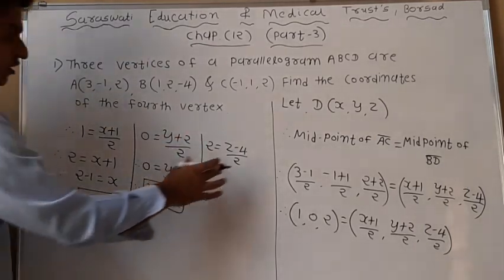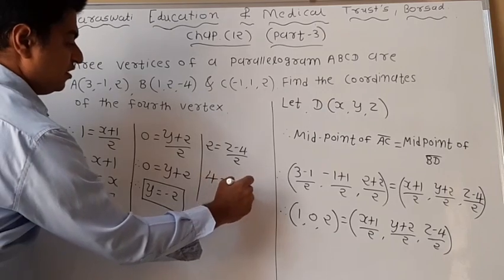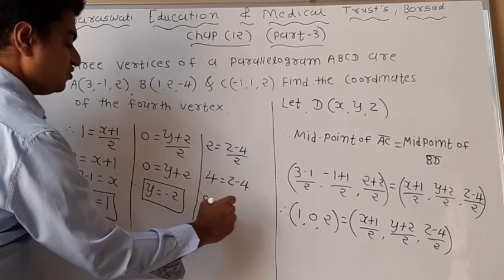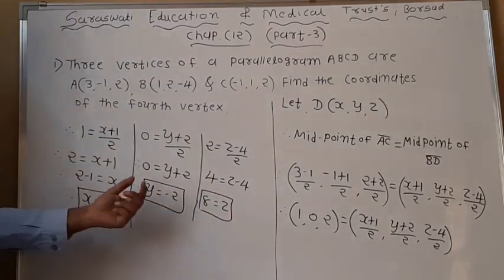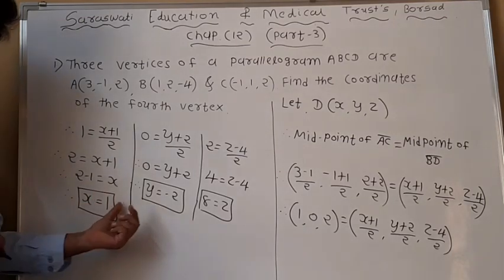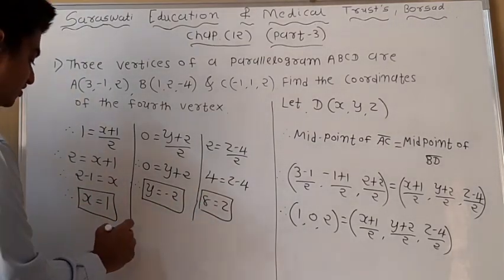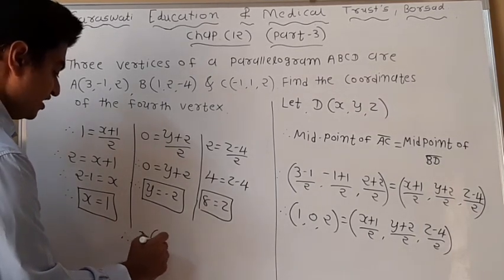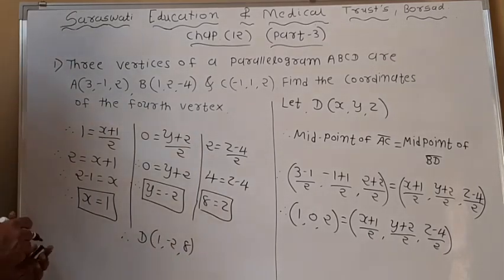Same way, 2 times 4 is equal to z minus 4, write on the opposite side, so 8 is equal to z. So we get x is equal to 1, y is equal to minus 2 and z is equal to 8. So the coordinate of D is 1, minus 2, 8. Clear?